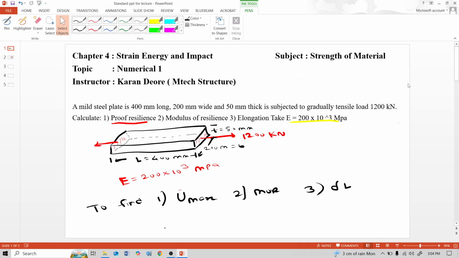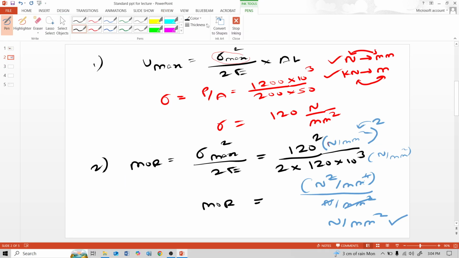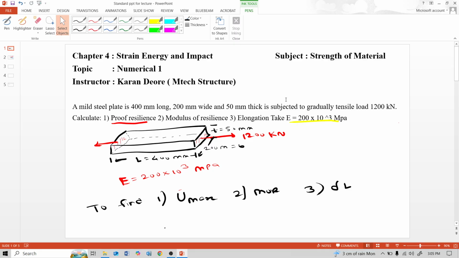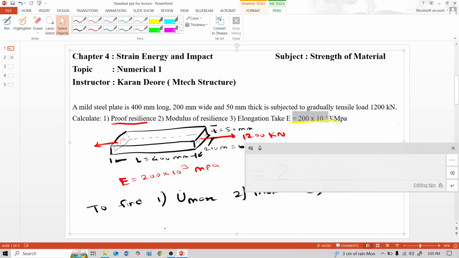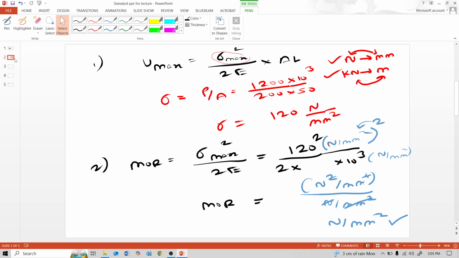See this modulus of elasticity is 200 into 10 raised to 3. This is not 120 into 10 raised to 3. See this 200 into 10 raised to 3. So 120 square divided by 2 into 200 into 10 raised to 3 is 0.036 Newton per mm square.